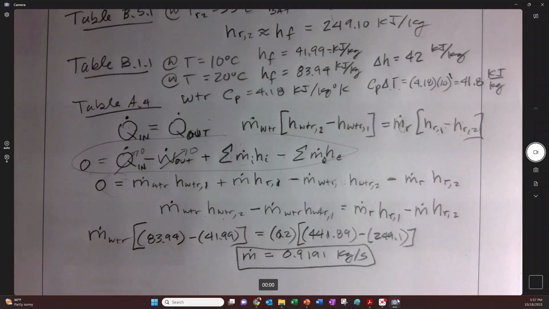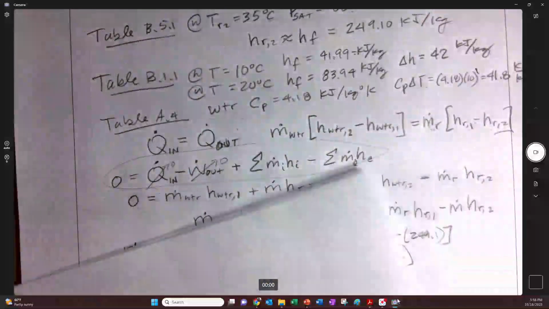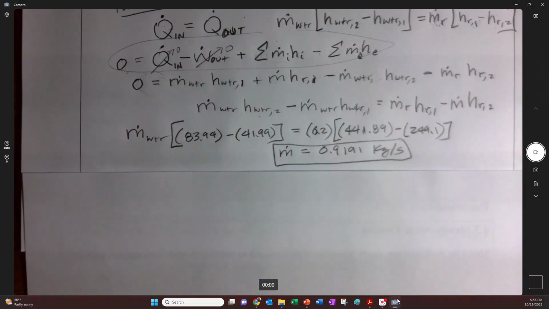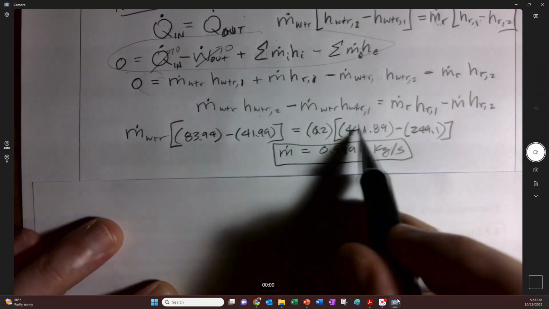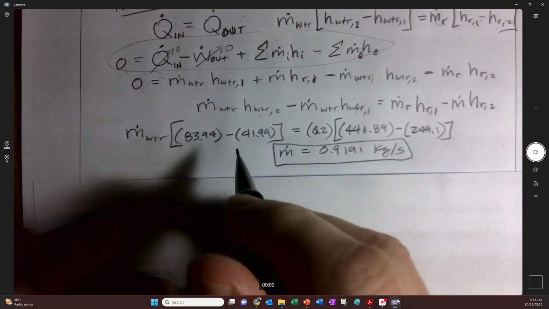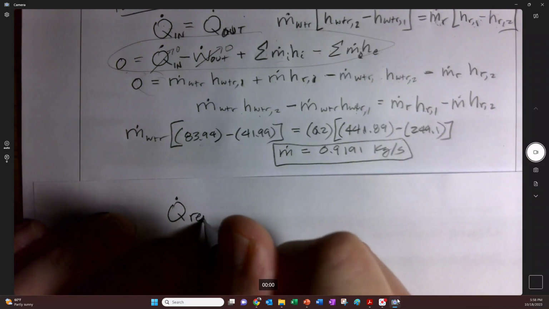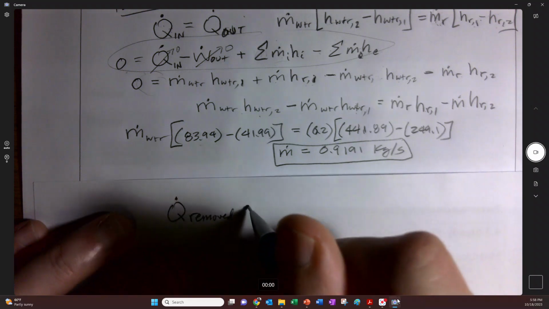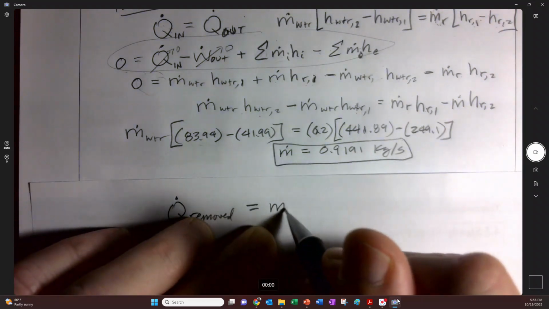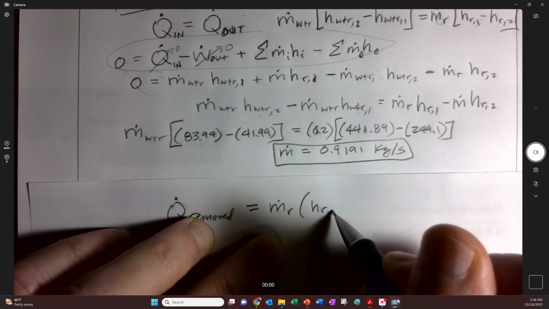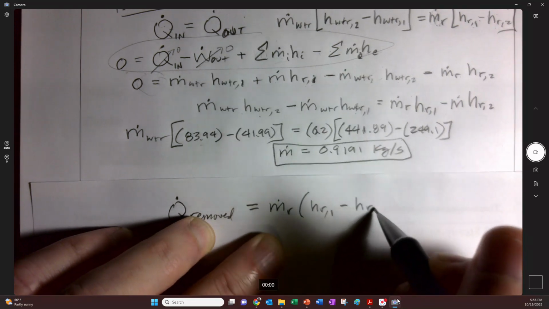If I wanted to find the heat transfer across this, so bonus time, some bonus material here, if you care. If you wanted to find the Q that was removed, that would be the m dot refrigerant times the h refrigerant 1 minus the h refrigerant 2, right?